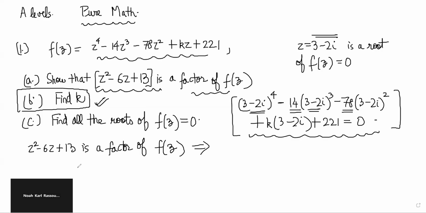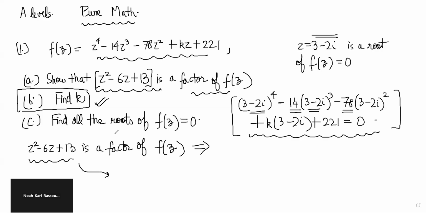Then that means that if we sub in the negative of that into the equation, z squared minus 6z plus 13, then it should be equal to 0. What do you mean negative of that? Oh, I mean, if we equate that to 0, then the values of z that we get should be roots of the equation.